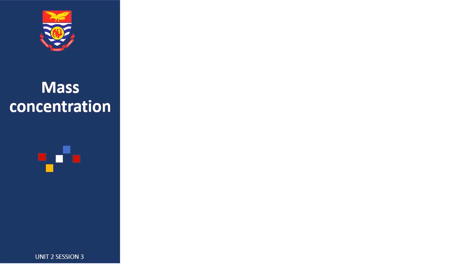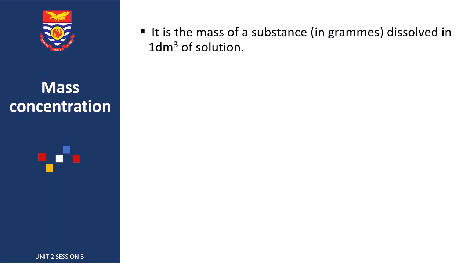Next is to look at mass concentration. This time, we are not expressing it in moles, but in terms of grams. So it is the mass of substance in grams dissolved in 1 dm cube of a solution. By such definition, mass concentration is equal to mass over volume.